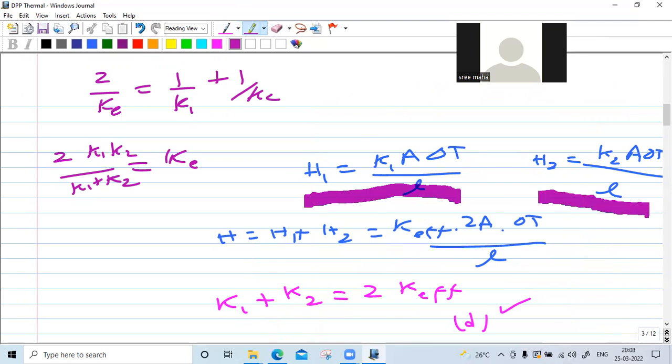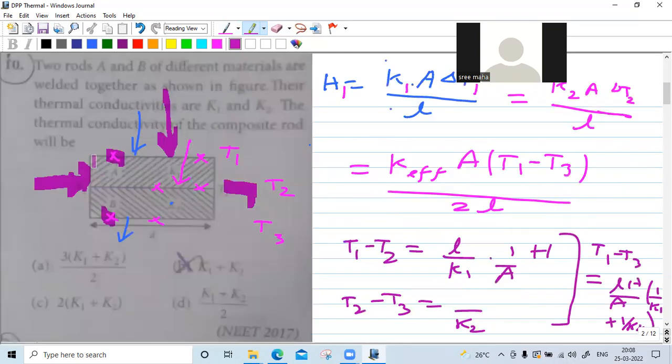H2 is fine. And H is H1 plus H2, because if you consider this whole thing as one composite thing, the total heat that is entering from left to right is H1 plus H2, right?